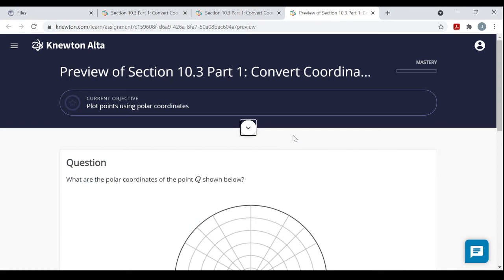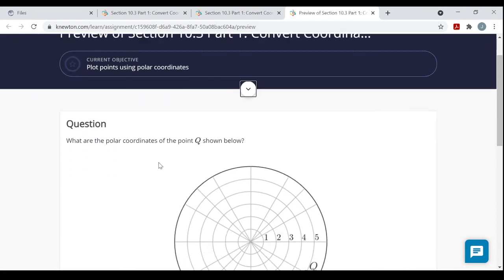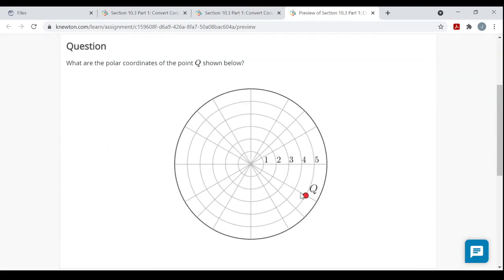That's some of the notes. Now let's get into this question here. They're asking, what are the polar coordinates of this point shown below? Now you see what they've done here. In a lot of these polar grids, they'll have these other lines drawn in through here. So you have this polar axis, the horizontal axis.